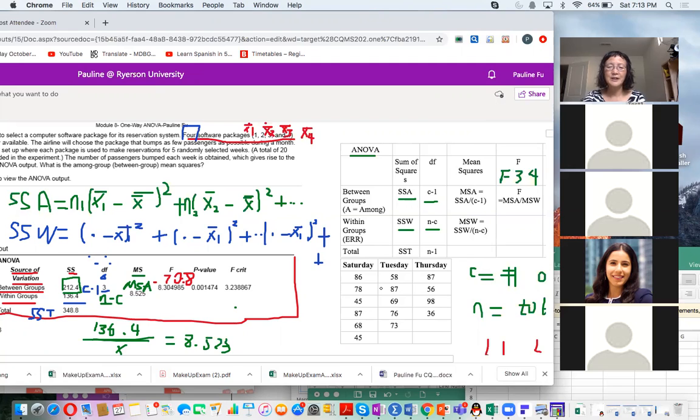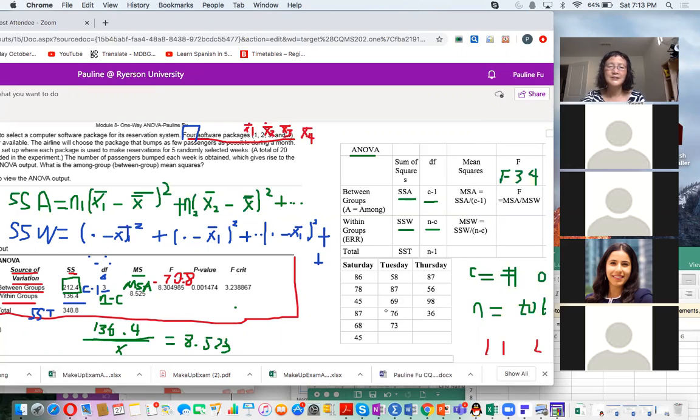So those 3 grocery stores, you want to compare the price. This is actually a great idea to do your group project using the ANOVA test.